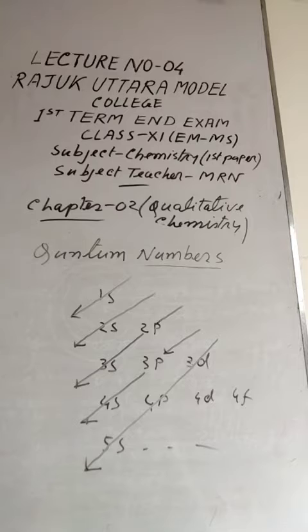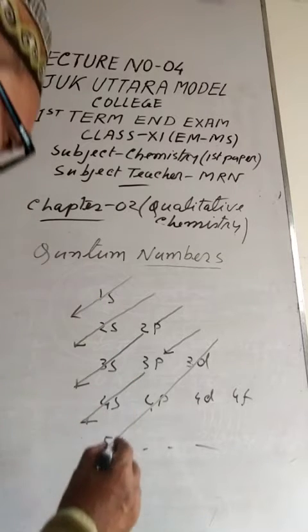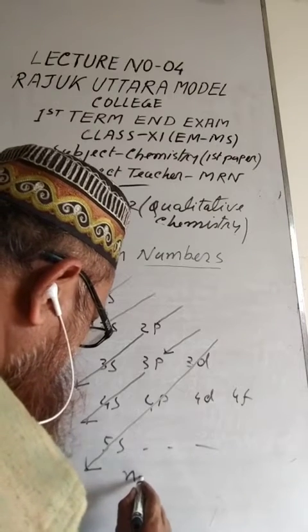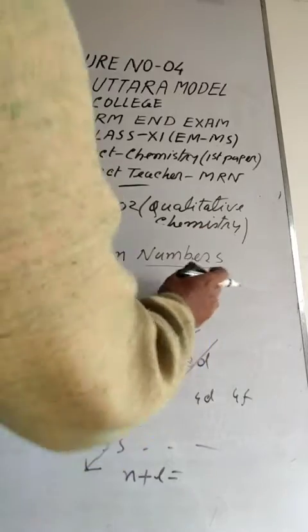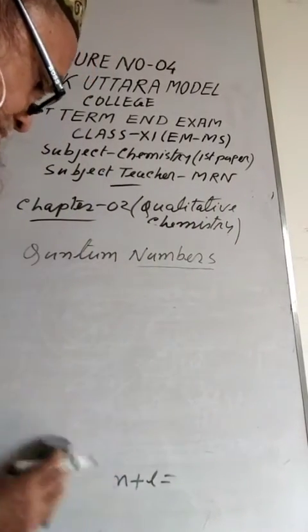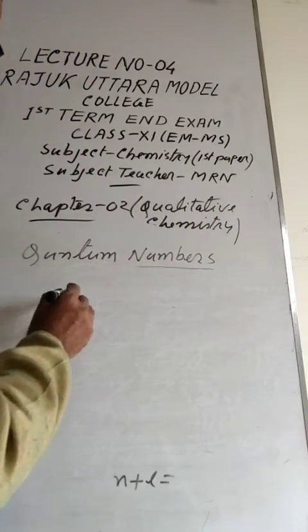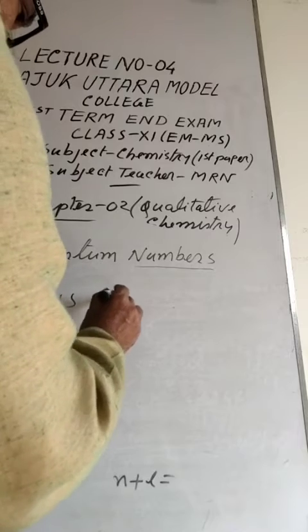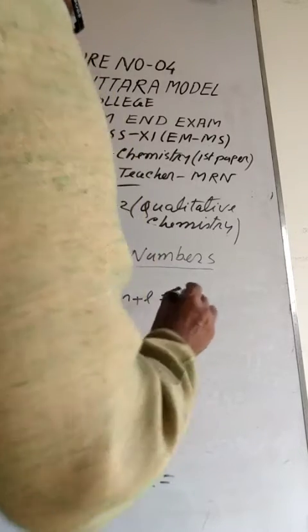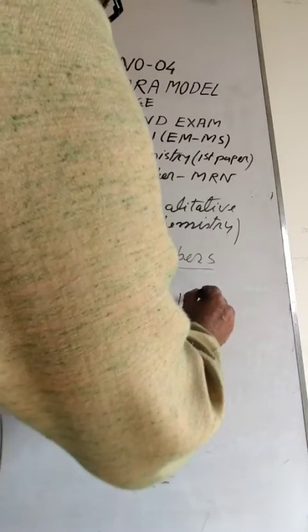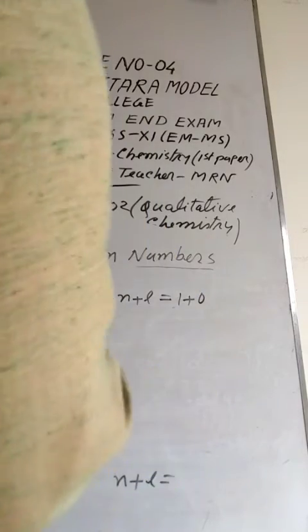It is said that this energy is measured by the addition of the principal quantum number and the subsidiary quantum number. Now we can find the value for the 1s orbital according to the n plus l system. For 1s, the energy is 1 plus 0, so 1.